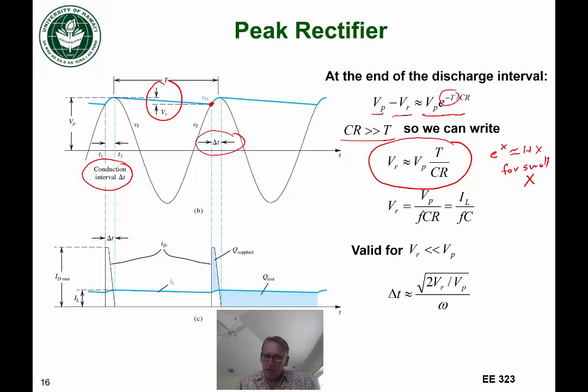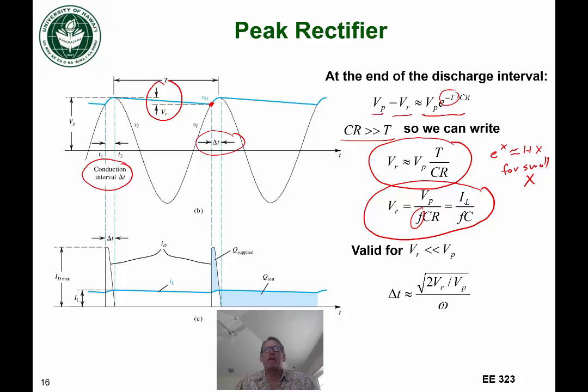If we substitute in 1 over f for the period T, and we recognize that Vp over R is the current through the load, we end up with the voltage ripple as a function of IL, the current through the load, and fC. And so we can clearly see that for higher frequency, we're going to get lower ripple.